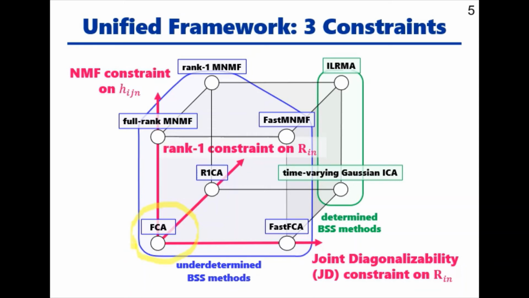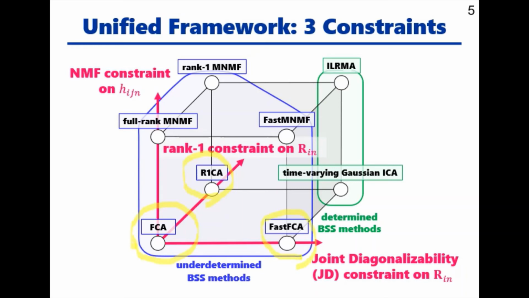In R1CA, the rank 1 constraint is imposed on R, and so R1CA is located here. In FastFCA, the joint diagonalizability constraint is imposed on R, which is why it is located here.